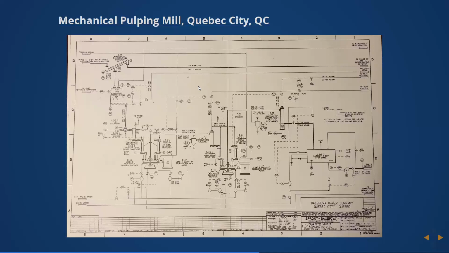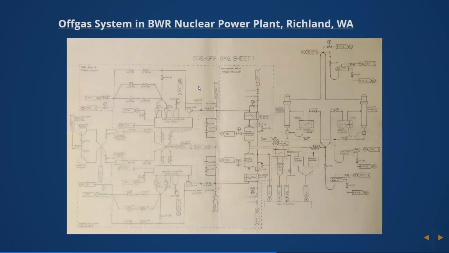But there are other drawings out there that show where these things are all located in a building, what their dimensions are, the nature of the piping, all the individual components. And again, there are different representations based on needs. And I won't go into so much detail on the others.